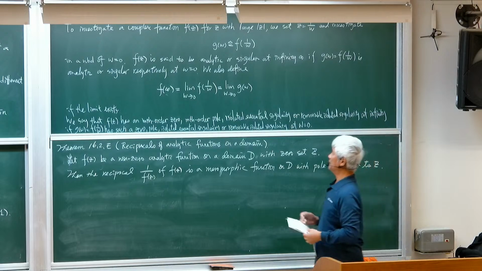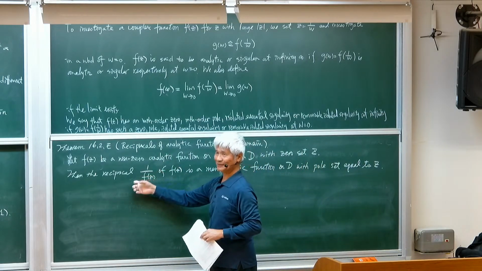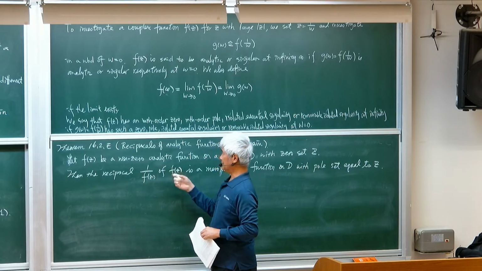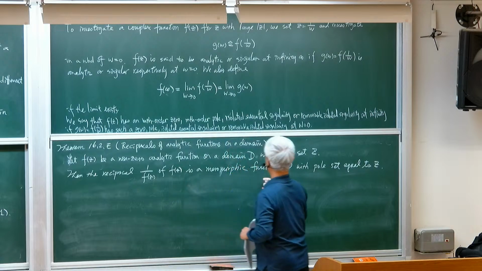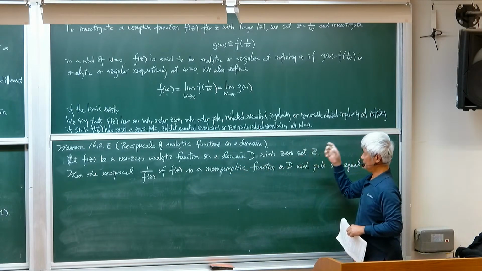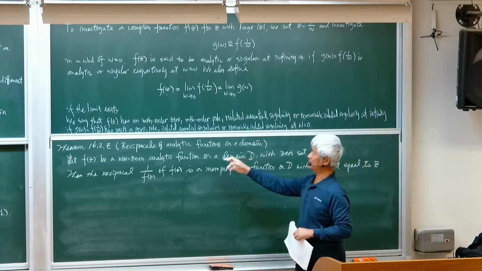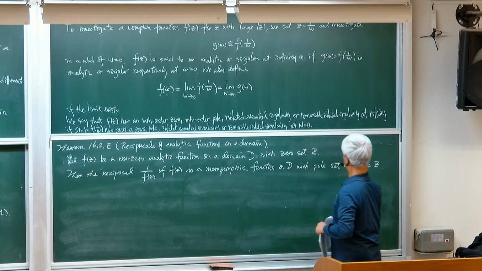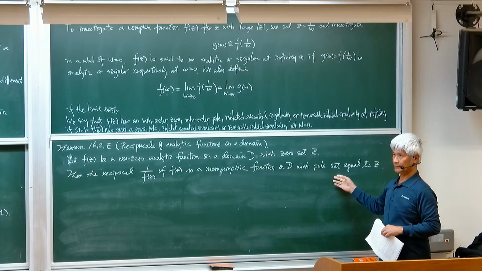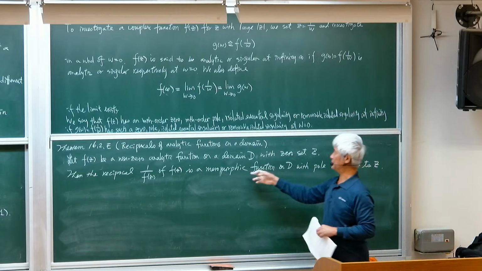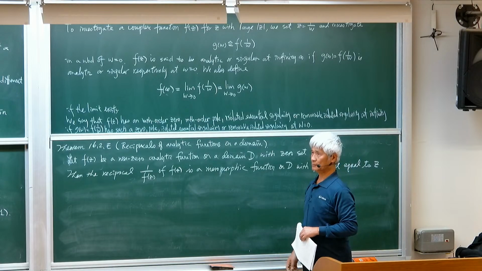This means it's not too bad. But at the same time, you turn the zero set of the analytic function into the poles of the meromorphic function.